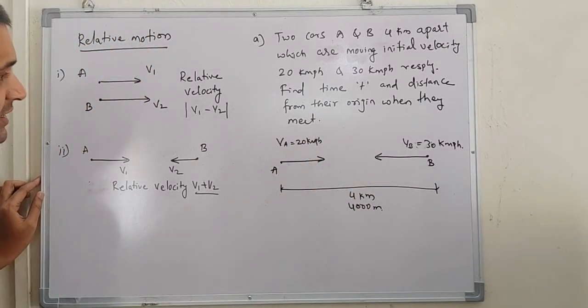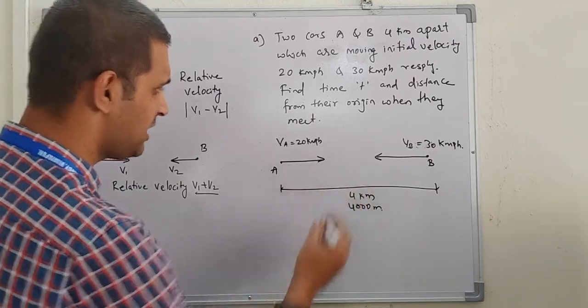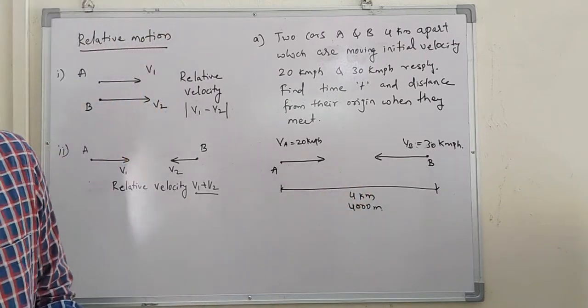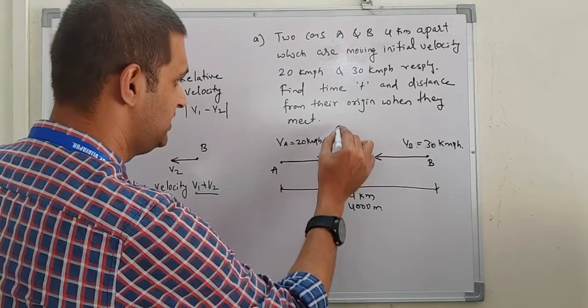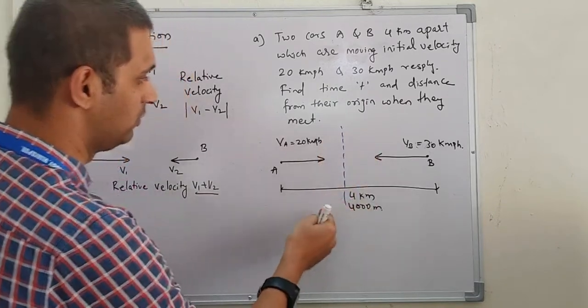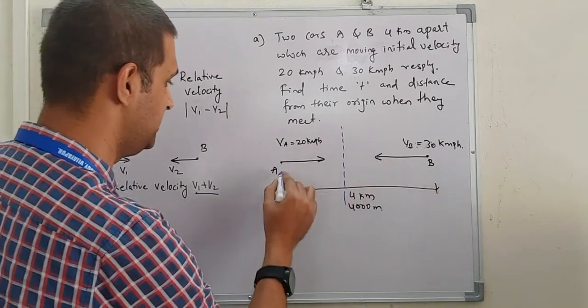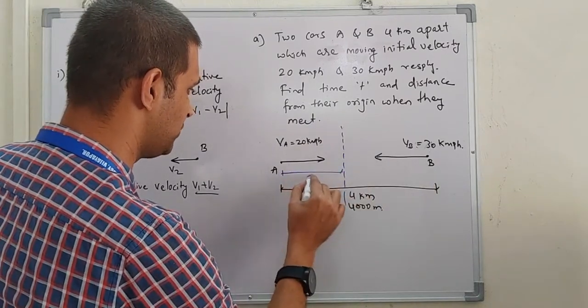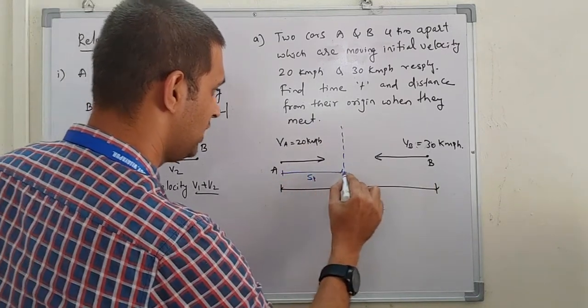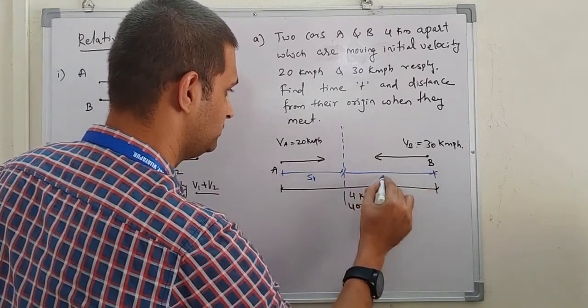You have to calculate. So say they are meeting somewhere here, which we do not know how much distance from the origin of A or from the origin of B. So let us call these distances S1 and S2.